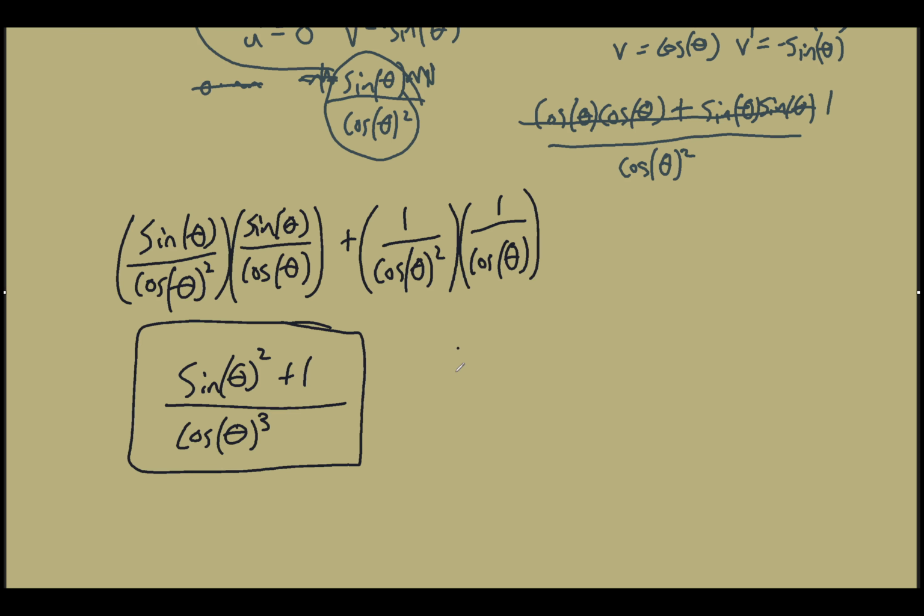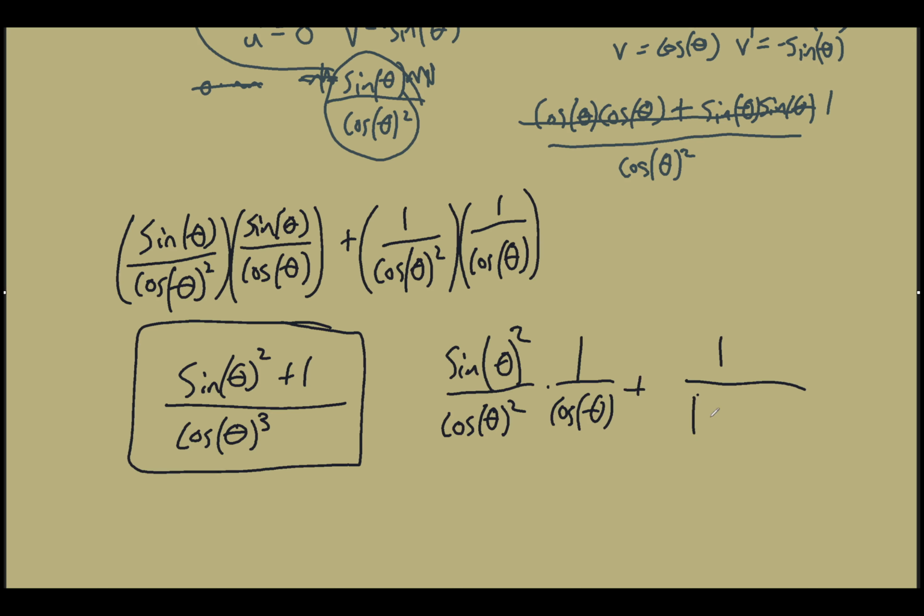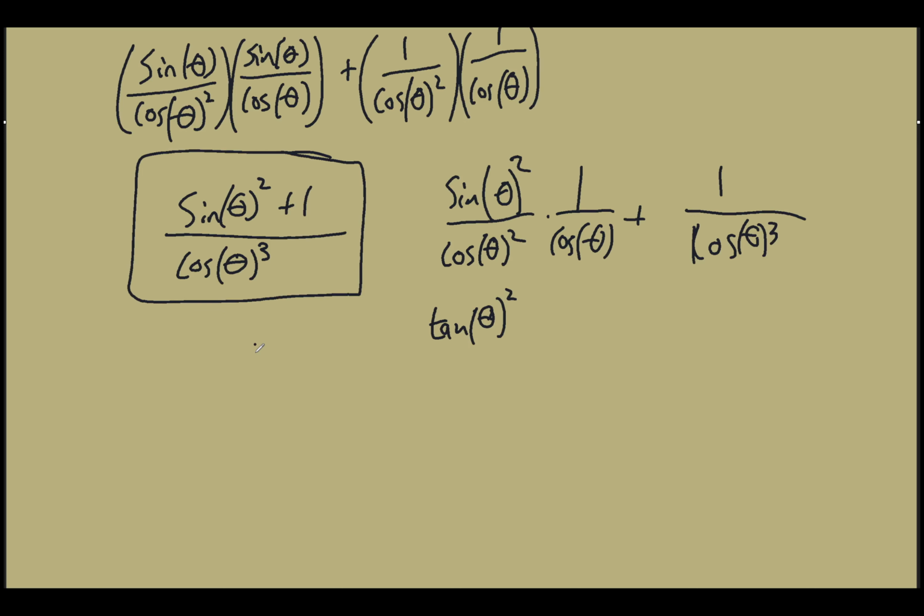You may be asked to separate this into a different fashion, like sine of theta squared over cosine of theta squared times 1 over cosine of theta, plus that second part, which is plus 1 over cosine of theta cubed. And this becomes tangent of theta squared. And 1 over cosine is secant theta.